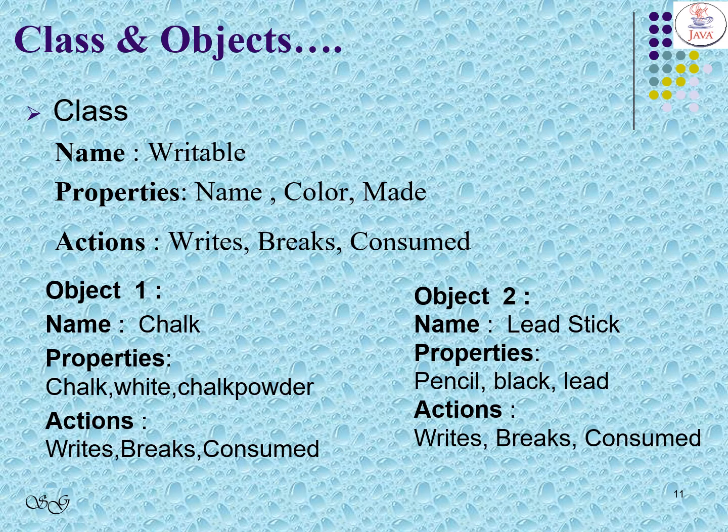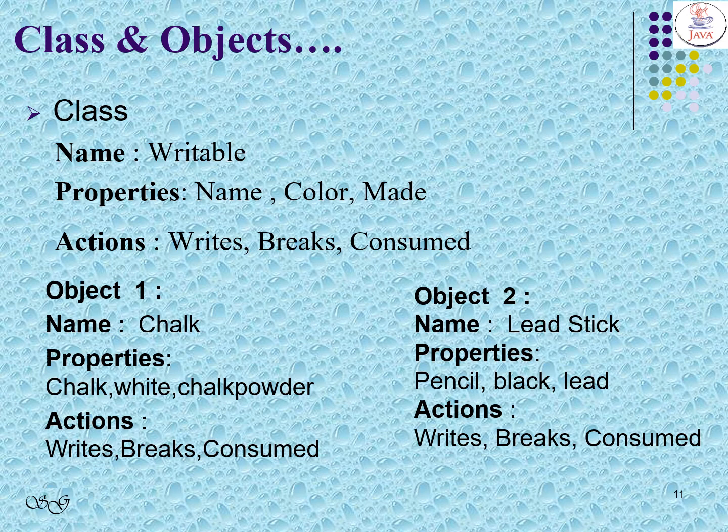Here we have another example. We have a class by name Writable with properties defined: name, color and made. The functionality is writes, breaks and consumed.